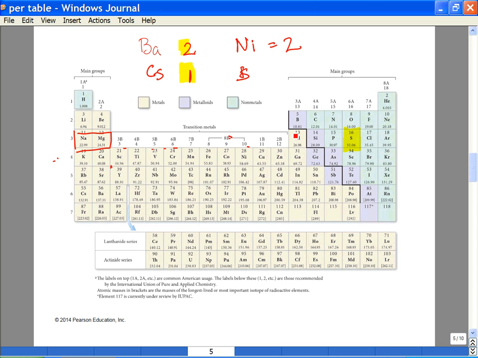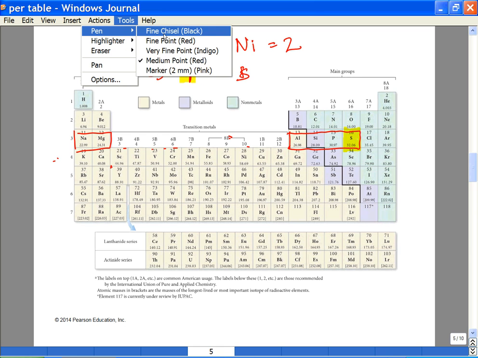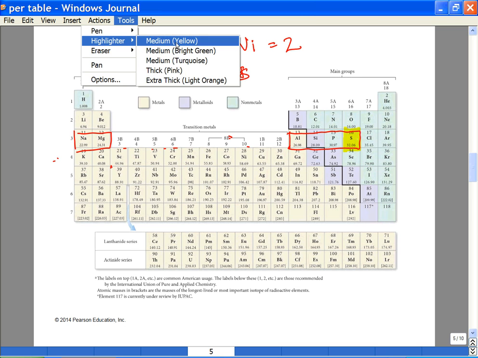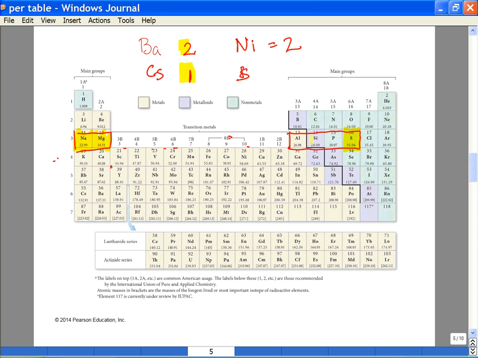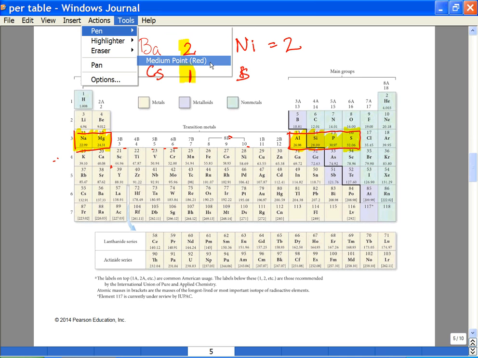So 3 is the highest occupied energy level. And so therefore, all of these electrons are in the third energy level, and are going to be valence electrons. Okay, so there's 6 valence electrons in sulfur.